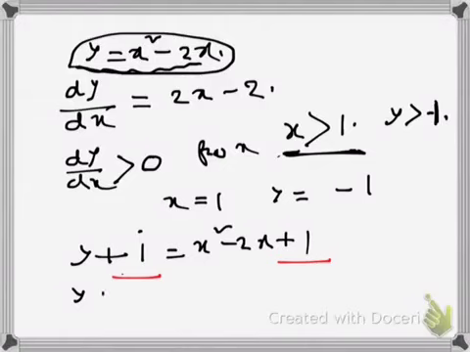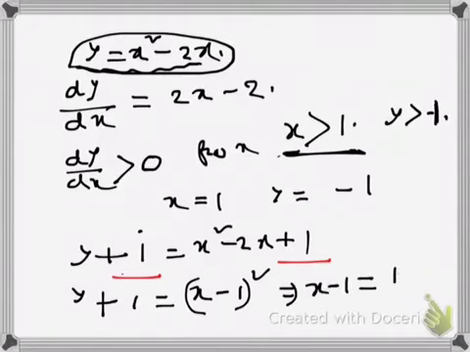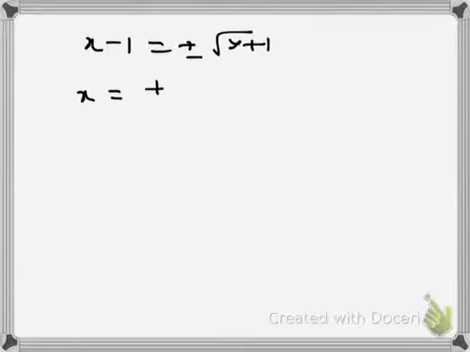So it's becoming y plus 1 equals (x minus 1) whole squared, then x minus 1 is equal to plus minus square root of y plus 1. So x is equal to plus minus square root of y plus 1, plus 1.